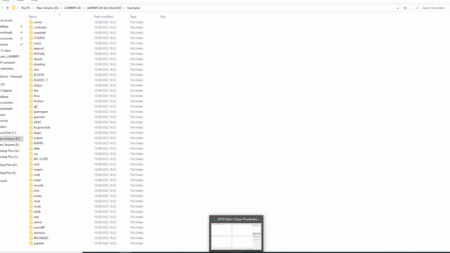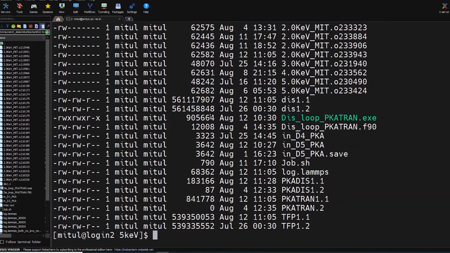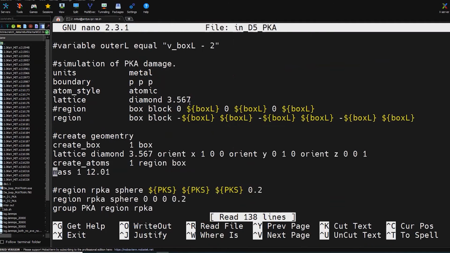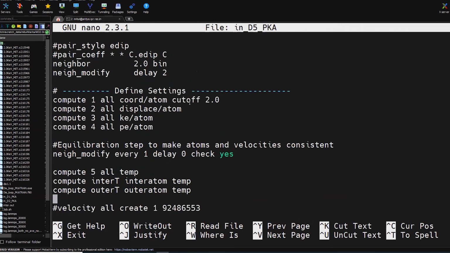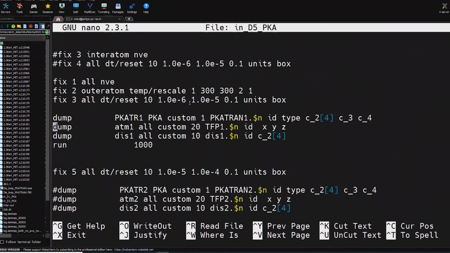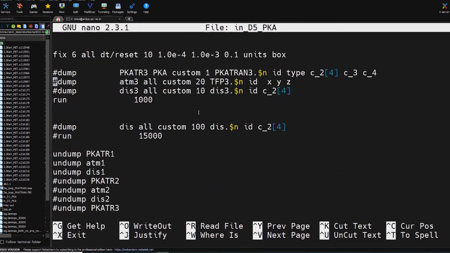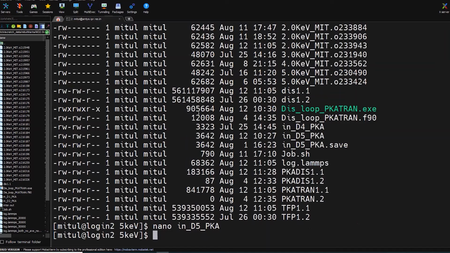Linux. So this is my input file. To submit the command, from Linux I can submit my input file; there is a command to submit the job.